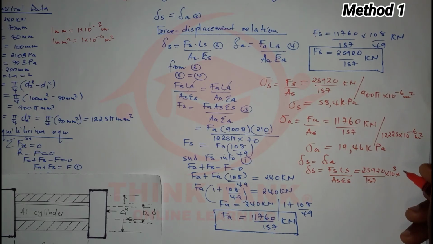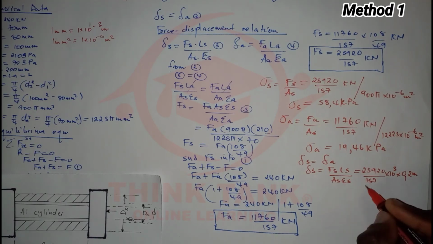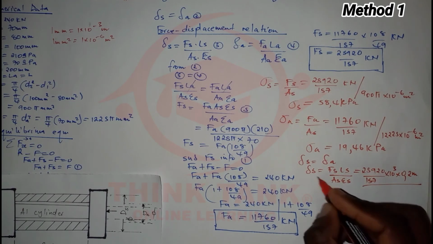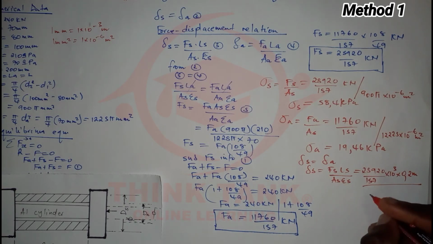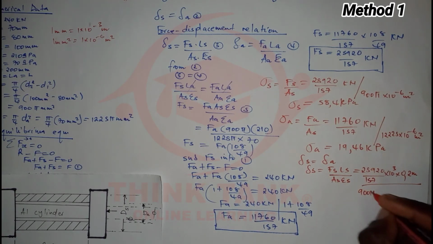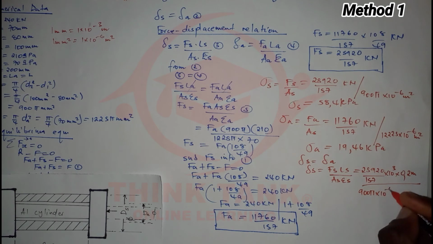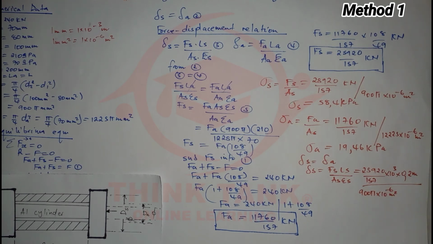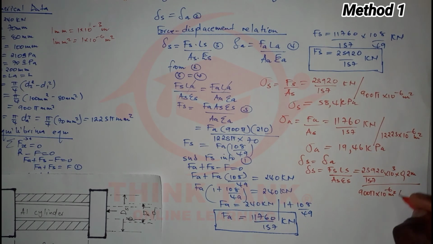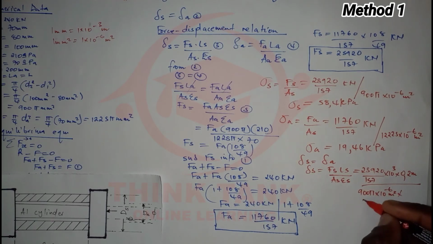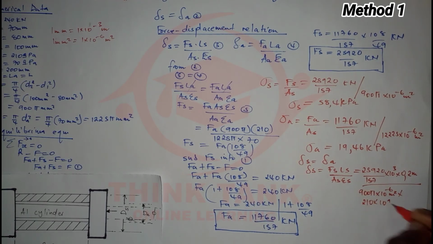So I'm going to write the length as 0.2 meters. Now I'm going to divide it by the cross-sectional area, so it's going to be 900 pi times 10 to the power negative 6 meters squared. Now I'm going to multiply this by the Young modulus, which is 210 times 10 to the power 9 newton per meter squared.